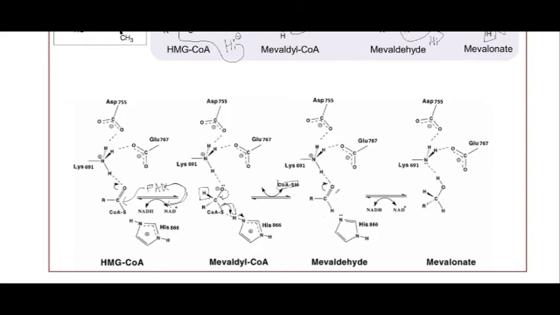So we see that our molecule here, which is now in the mevaldehyde form, is still being stabilized on this lysine. And so now we have another NADPH or NADH or some electron donating molecule. NADH and NADPH are both equivalent. They're just often used in different types of pathways, but they're the same.